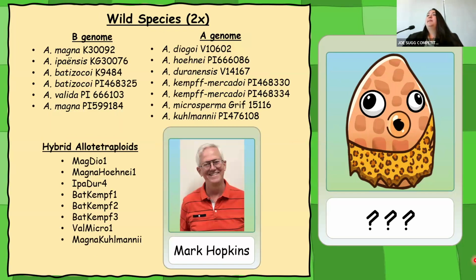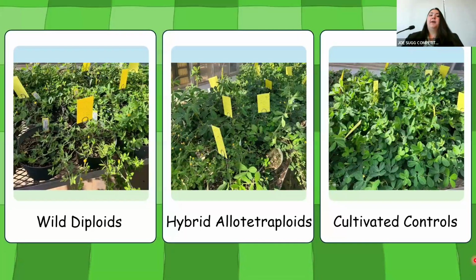And so the objective of this experiment was to look at the wild hybrid allotetraploids and the wild species and identify potential new sources of resistance to early leaf spot that could be introgressed into cultivated peanut. We hypothesized that there would be a lot of promising resistance within these wild species as they haven't really been researched before. So I grew these plants in a greenhouse setting.